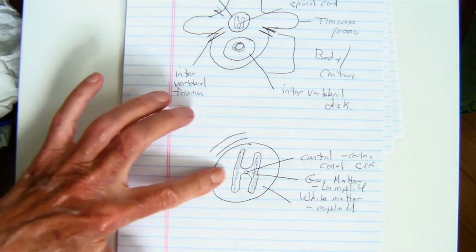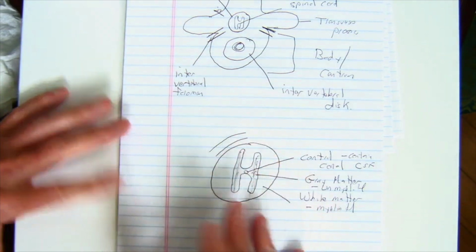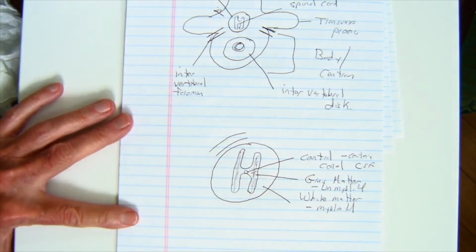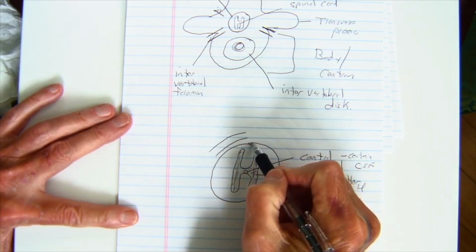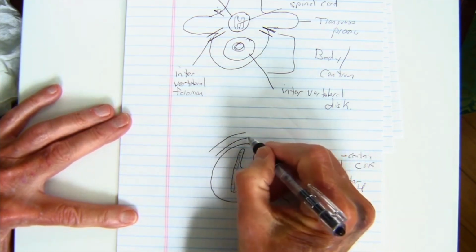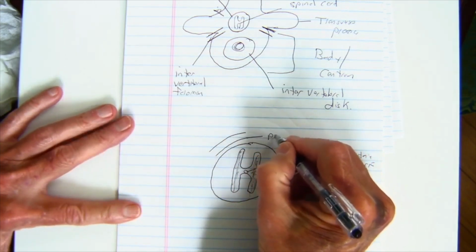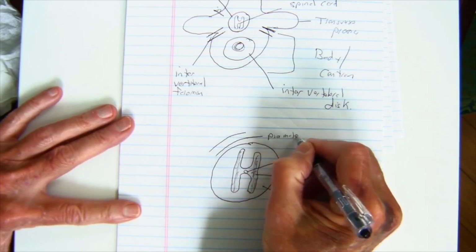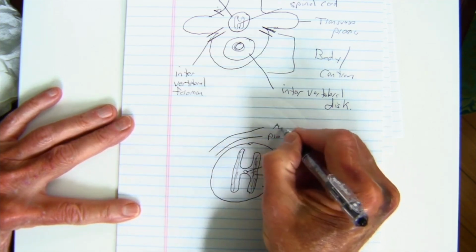So if this is my spinal cord, it's going to have coverings just like the brain did. Remember the spinal cord is going to have a covering, so that first one is going to be the pia mater. Above the pia mater is going to be the arachnoid mater.